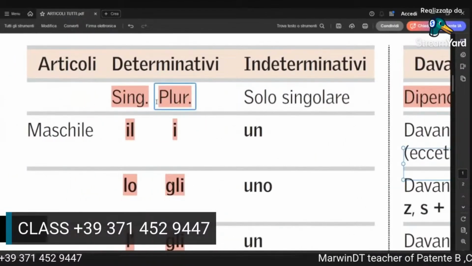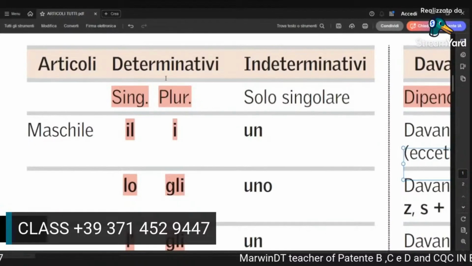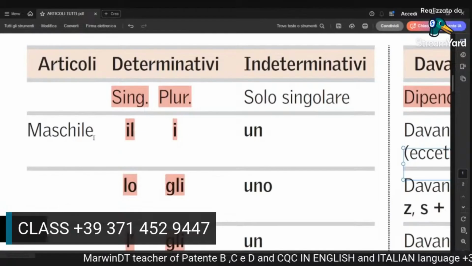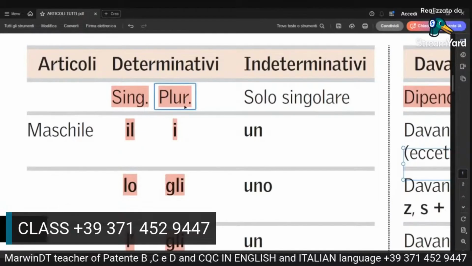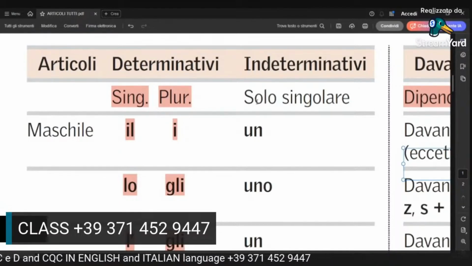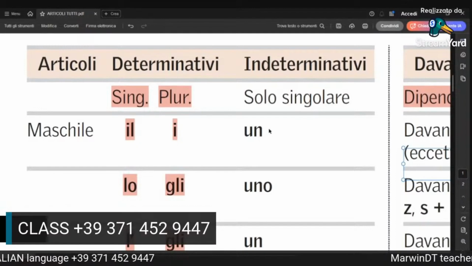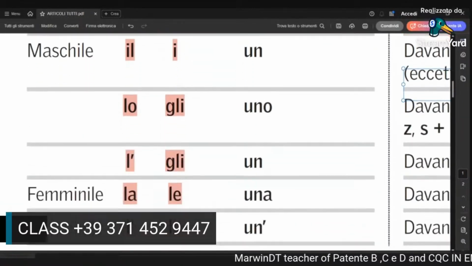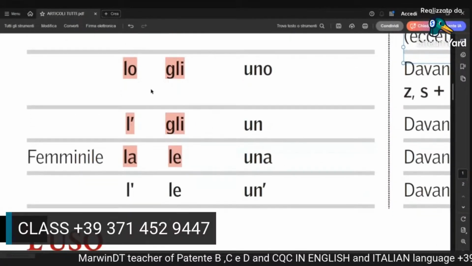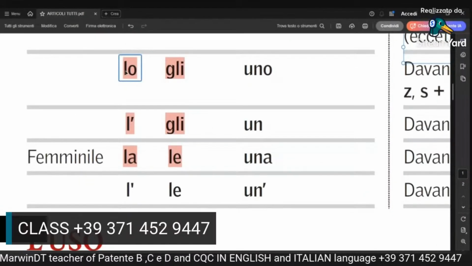The article determinativi, the singular will be il for maschile, the plural will be i for maschile, and the indeterminativi singular will be un. Very good. Let's move to the next one. Now, let's go to the lo and gli.